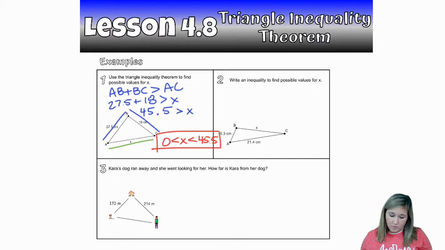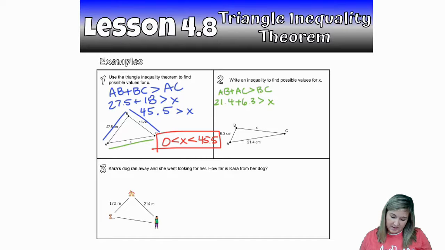All right, so now we're going to write an inequality to find possible values for x. So right here, we know that AB plus AC has to be greater than BC. So 21.4 plus 6.3 has to be greater than BC, which is x.